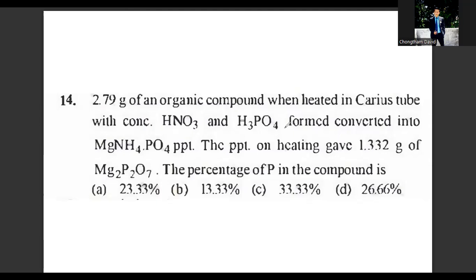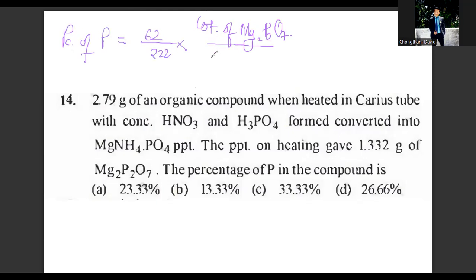Percentage of phosphorus in the compound is. So what is the formula you can use to find the percentage of phosphorus? Yes, it is 62 divided by 222 into the weight of Mg2P2O7, the formed product, divided by the given weight of the compound. These are important questions for your NEET exam. So use this relation and you can easily answer the question. What is the answer for this? Let us see. 62. I will write at the bottom because we don't have space.